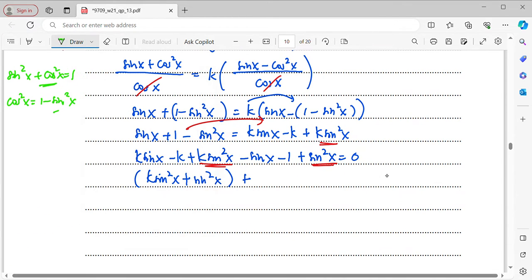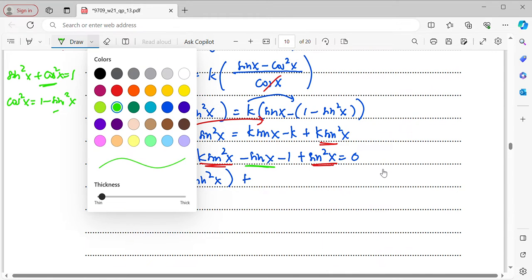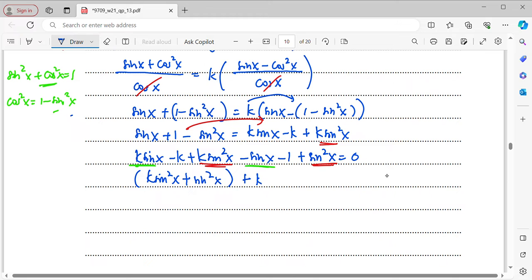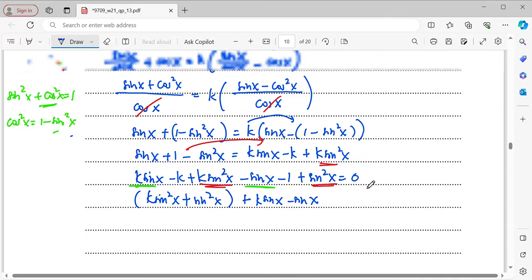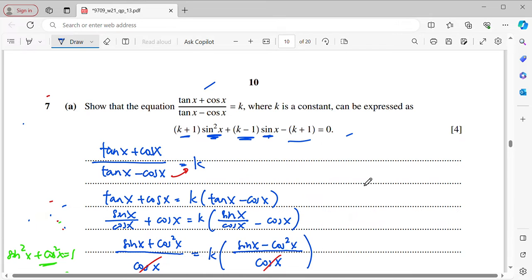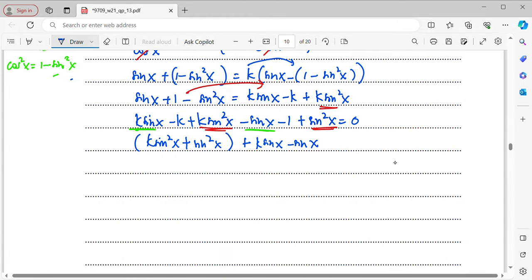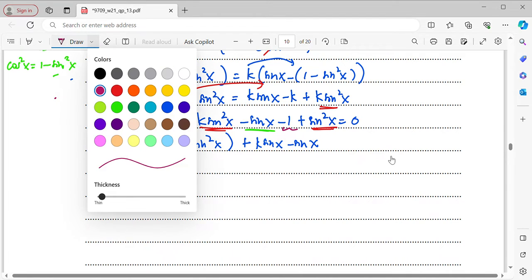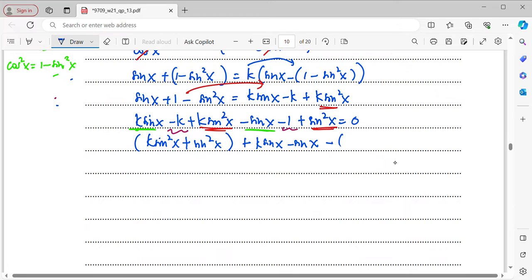That means my next term is going to be k sine x and minus sine x. And then here I have minus of k plus 1. So lastly, this minus k and minus 1, you factorize the minus, so it will be k plus 1.